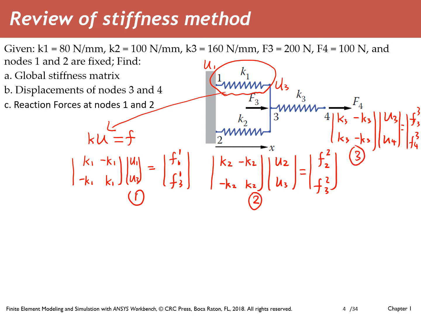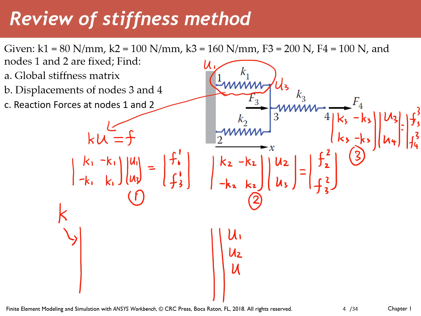The last step is to assemble the 3 equations together. We'll get a global equation, with the global K times U1, U2, the global displacement.